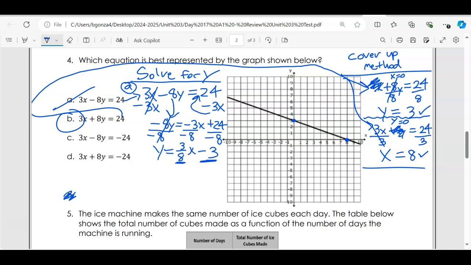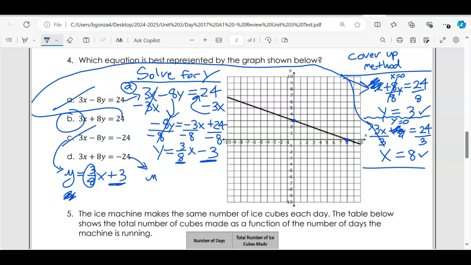Now it's why we solve these other ones, okay? So I'm going to solve this one for y real quick. You end up getting y equals 3 over 8x plus 3. Now, this has the right y-intercept, but the slope is positive and the graph is negative.